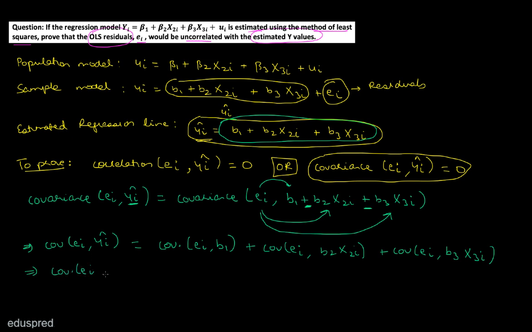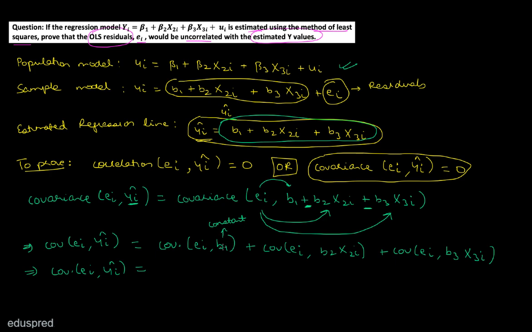So this implies that covariance between ei and yi hat is equal to, the first term over here is the covariance between residuals and b1. Now note that b1 is going to be a constant over here. Reason being, you are given this particular model, and if you estimate this model using the method of least squares, you are only going to get one value of b1, right?